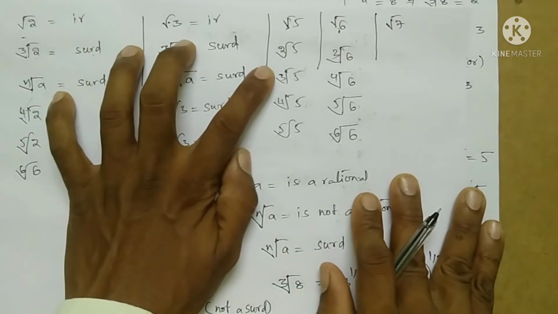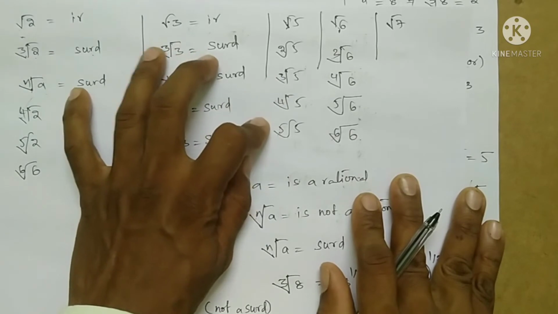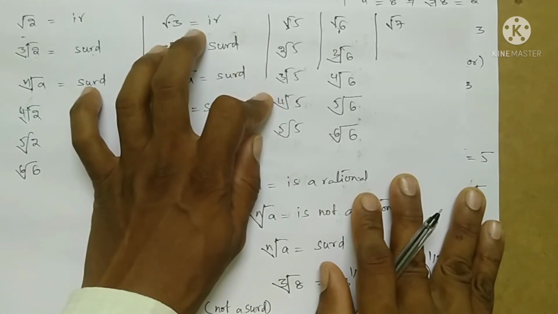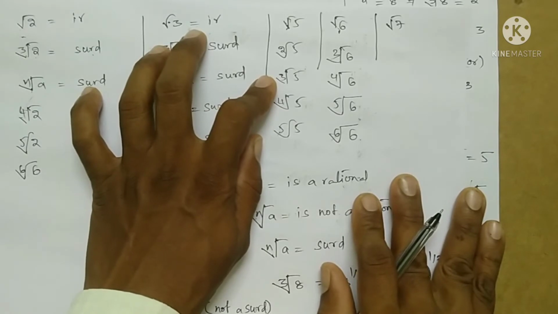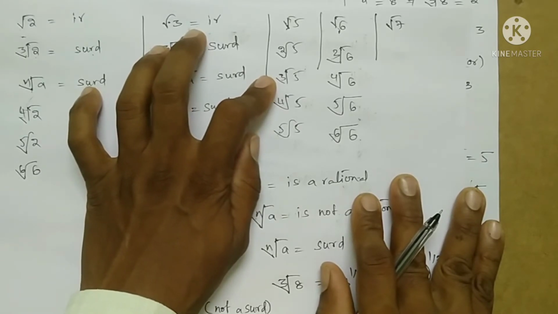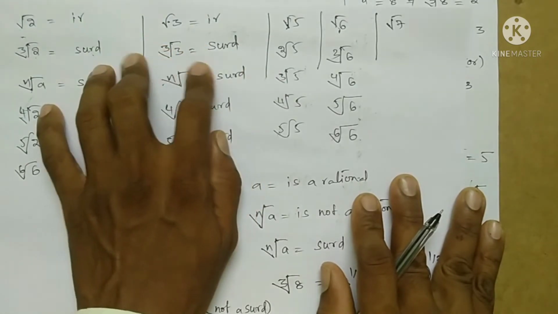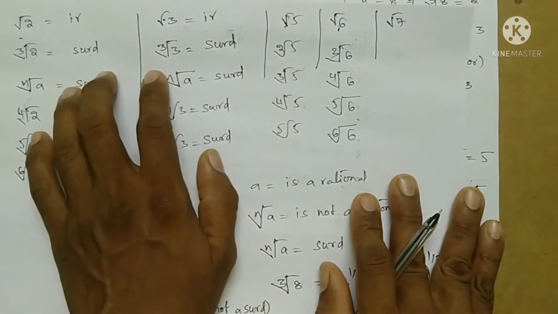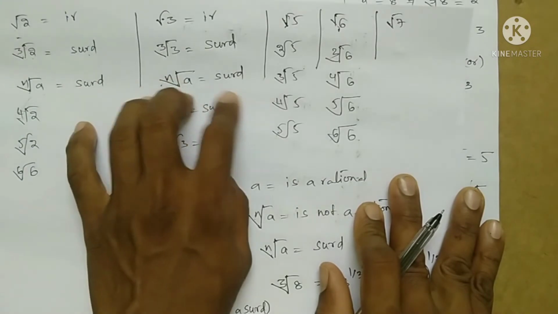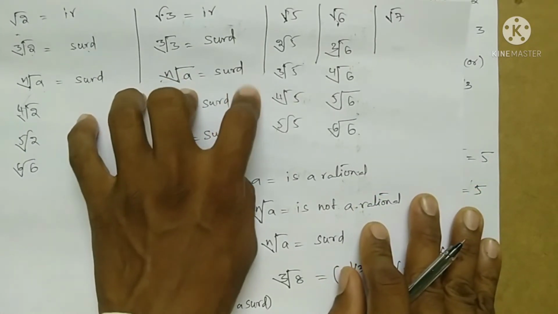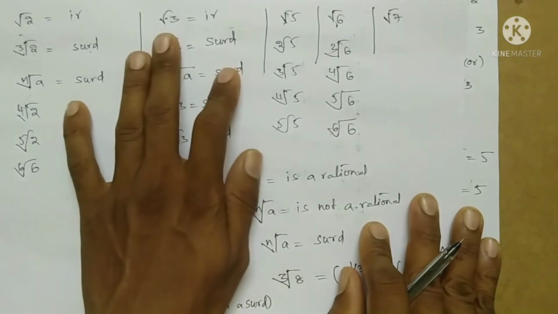Similarly the third root of 5, fourth root of 5, fifth root of 5, second root of 5: their decimal expansions are neither terminating nor repeating. These results are not rational, so these types of numbers are called surds.